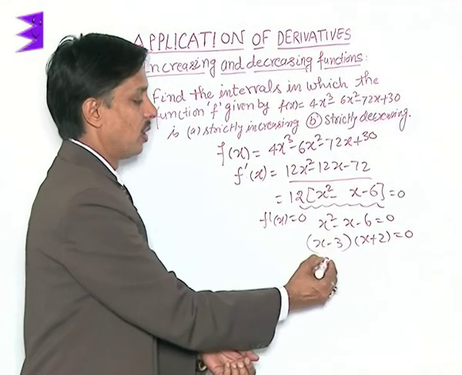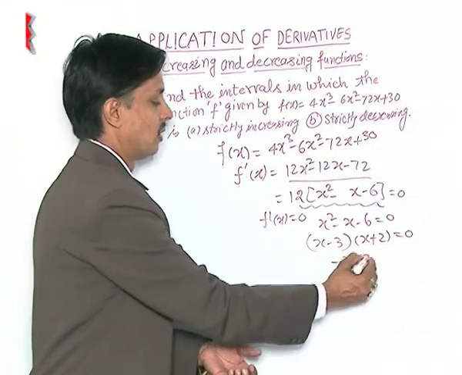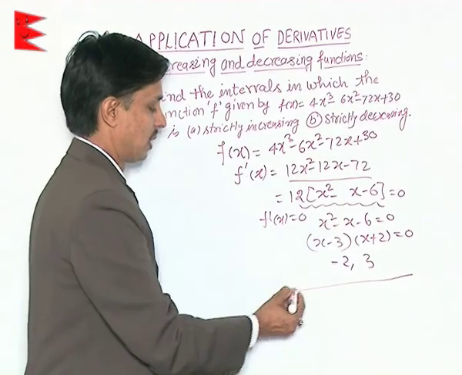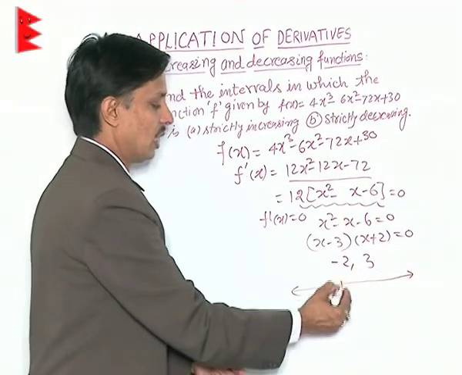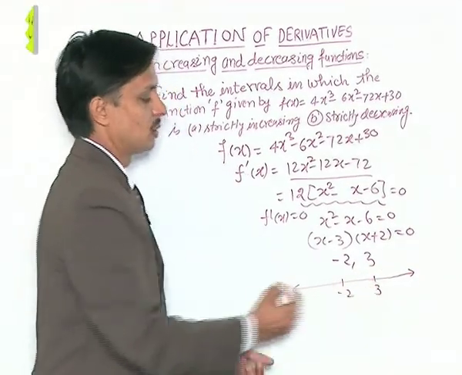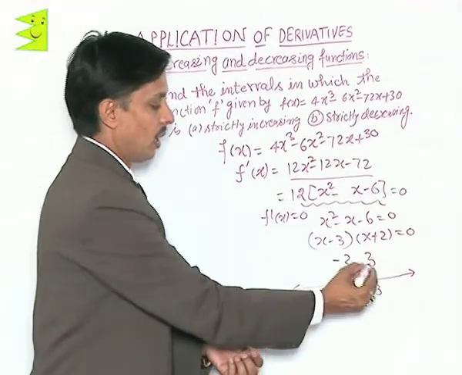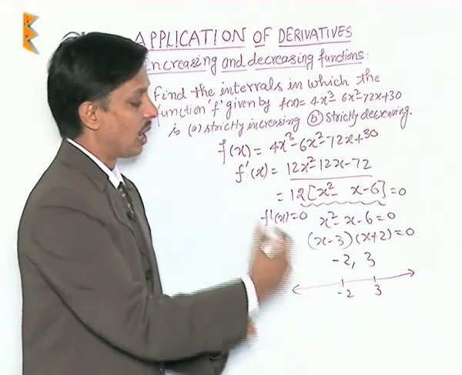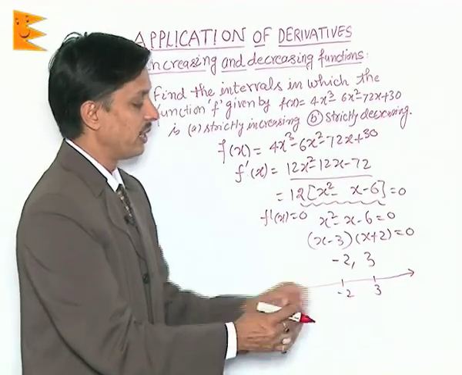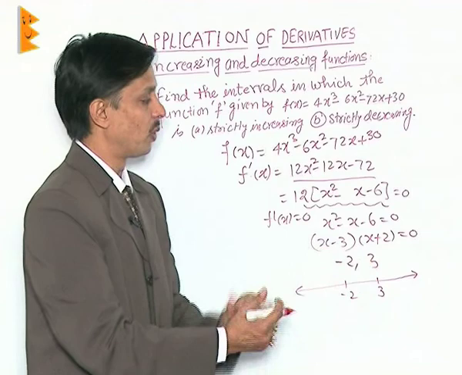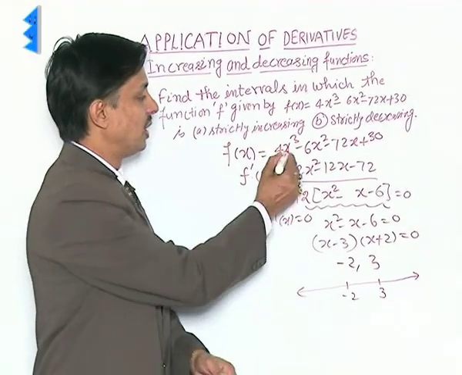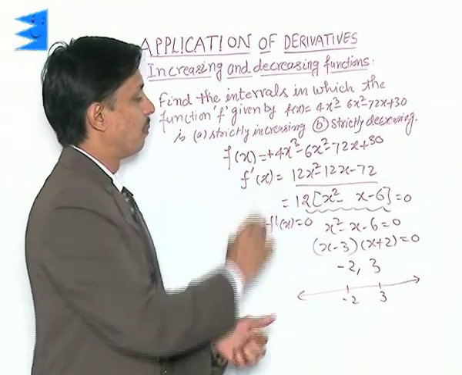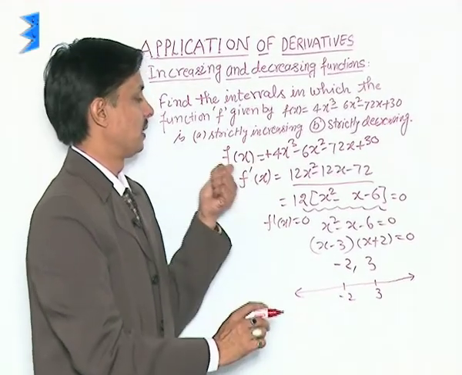By factorizing, we can say the critical points are -2 and +3. This is -2, this is +3. We take the sign after the highest value of the critical point, which is the sign borne by the highest powered term in the function.